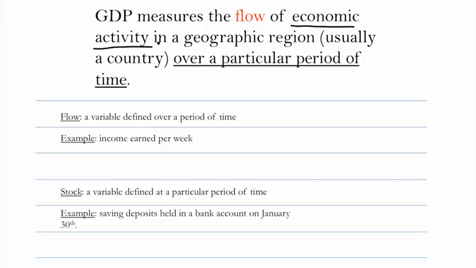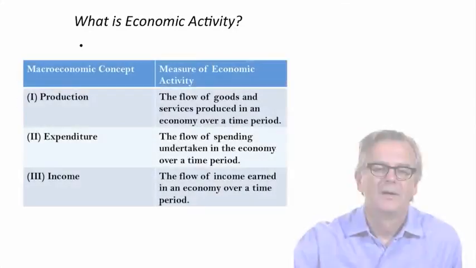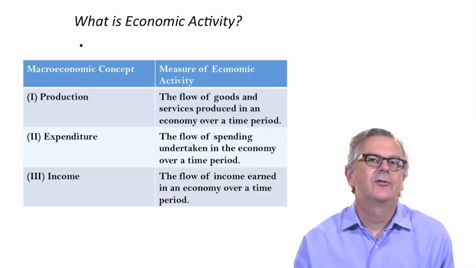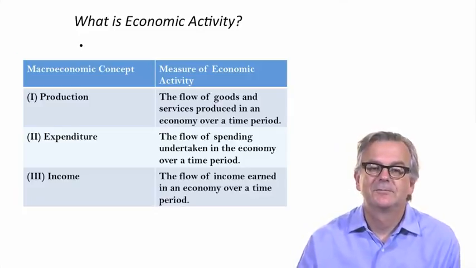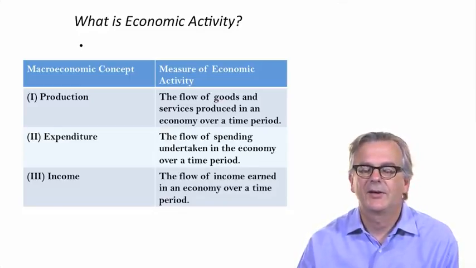Now, this is a tricky concept, because what exactly do we mean by economic activity? How can we actually give that phrase a concrete meaning? And this is not at all a straightforward question to answer, because there are at least three distinct ways of thinking about economic activity.